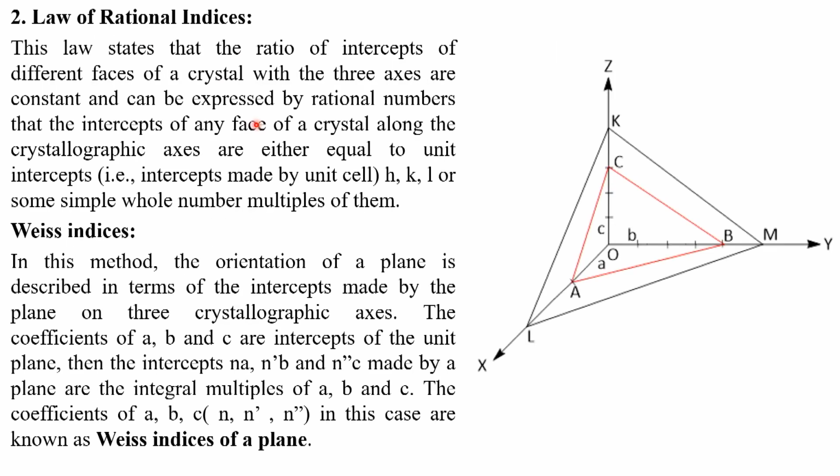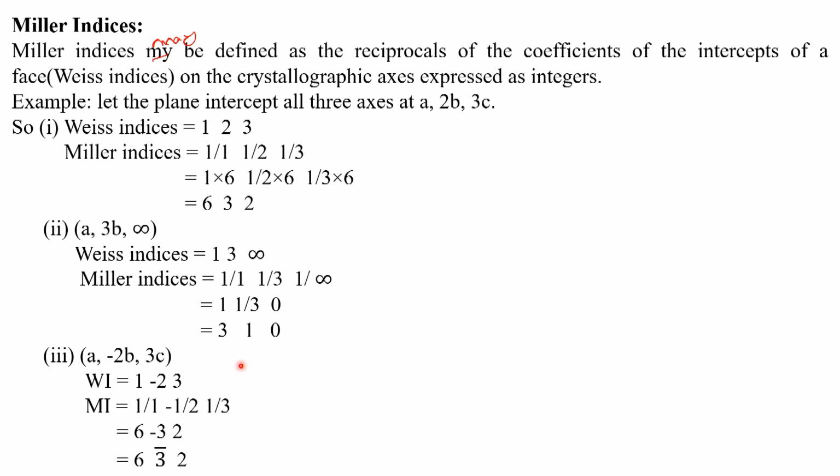So it's a multiple of a, b and c. Here n is 1, n' is 2 and n'' is 3. So Miller indices will be 1 by 1, 1 by 2 and 1 by 3. This is the reciprocal of 1, 2 and 3.